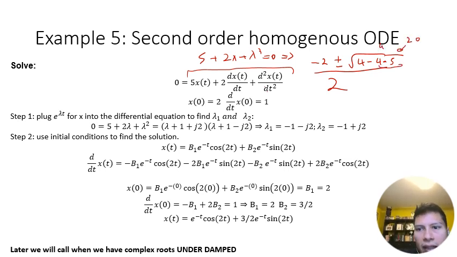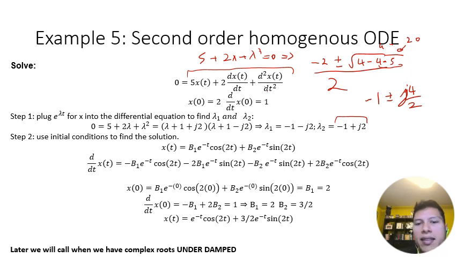And then 4 minus 20 is 16. So we get basically negative 1 plus or minus the square root of 16, which is 4. So we have i4 over 2. And so we end up with these two. And remember, oh yeah, we're in electrical engineering world, so there should be a j, not an i. Okay, so our roots are actually negative 1 plus or minus j2.